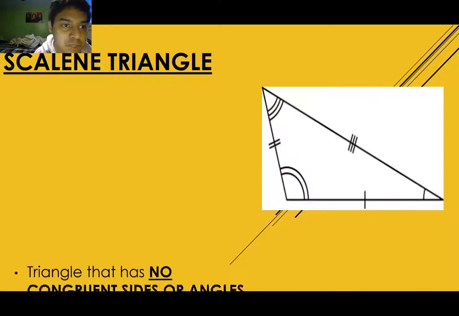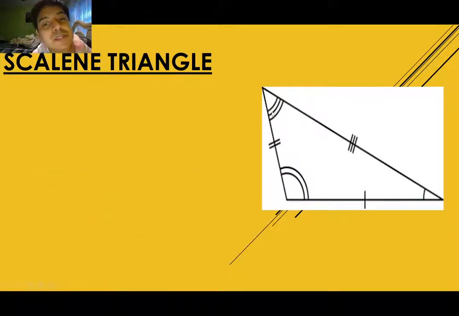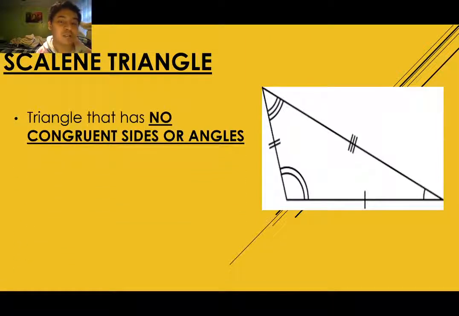Okay, so notice how we have three different angles because of the way that they're symbolized here. And notice that we also have three different sides because we have one tick mark here, two tick marks here, and three tick marks here. That means that none of them are congruent. And also for the angles, none of them are congruent. So basically, this means that the triangle has no congruent sides or angles.